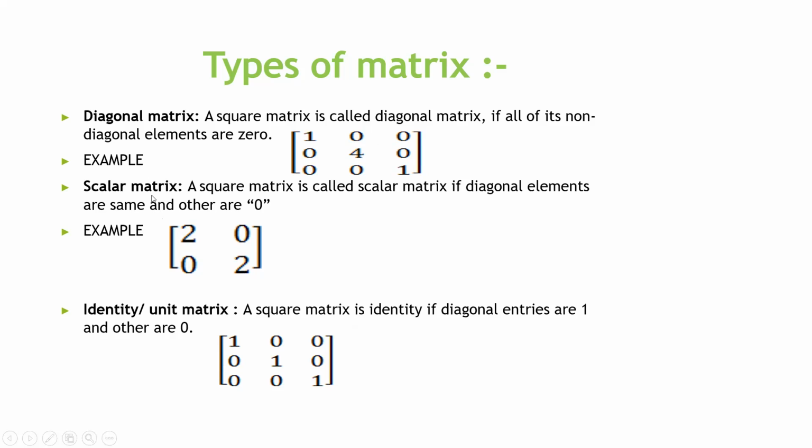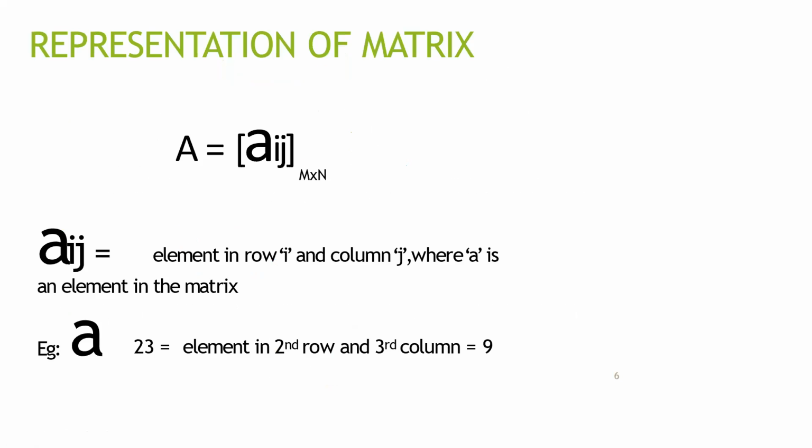A scalar matrix is a square matrix where the diagonal elements are the same and the others are zero, like Aii and Ajj being equal. An identity matrix has only the diagonal elements as one and the non-diagonal elements as zero.